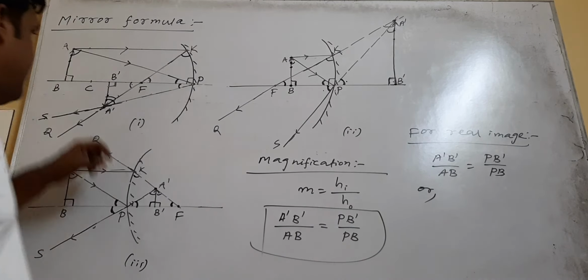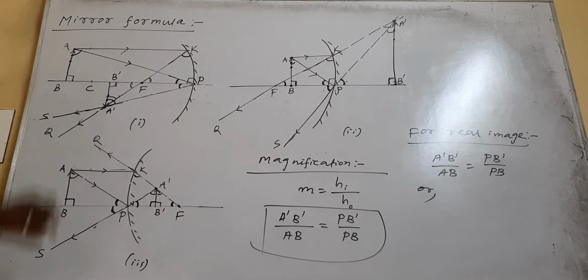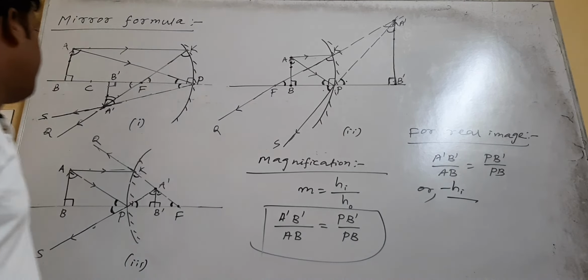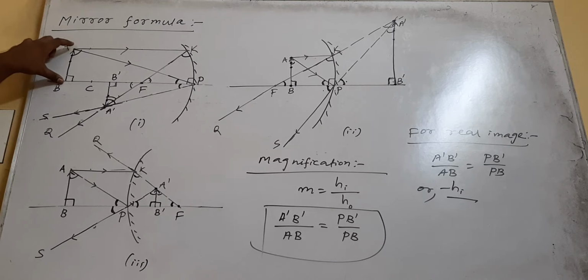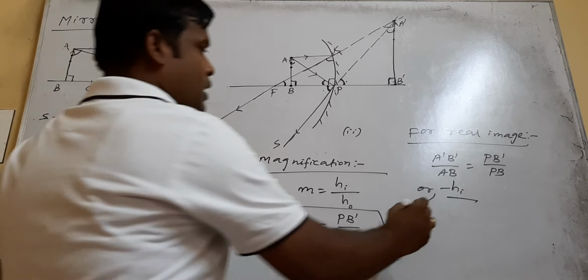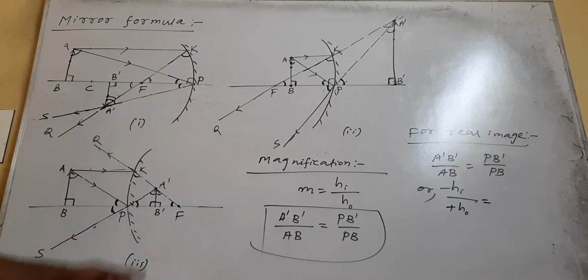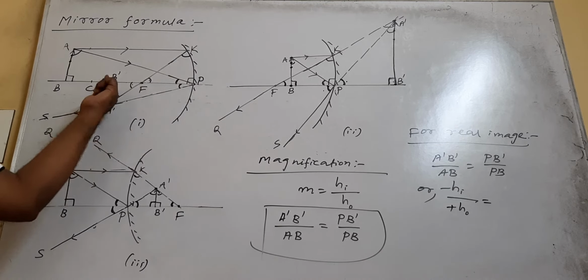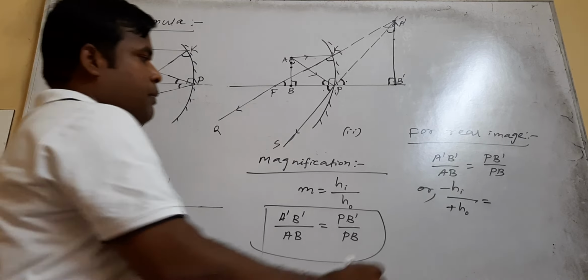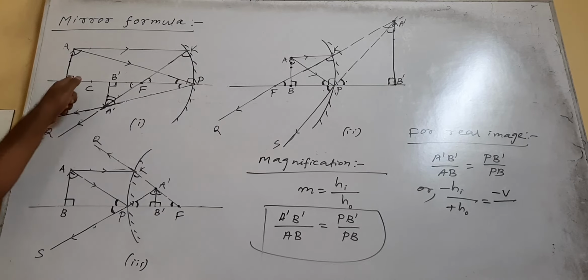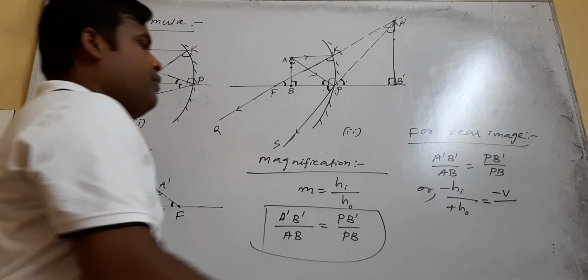What is A'B'? It is minus hi. And what is AB? It is an erect object, that is plus ho. And what is PB'? That is left measurement, that is minus v. And what is PB? That is minus u.